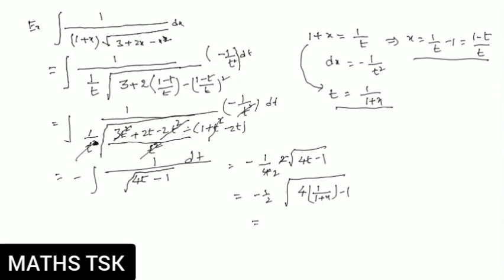This can be written as minus 1 by 2 into under root of (4 minus 1 minus x) by (1 plus x). So this is nothing but minus 1 by 2 into under root of (3 minus x) by (1 plus x), plus c.